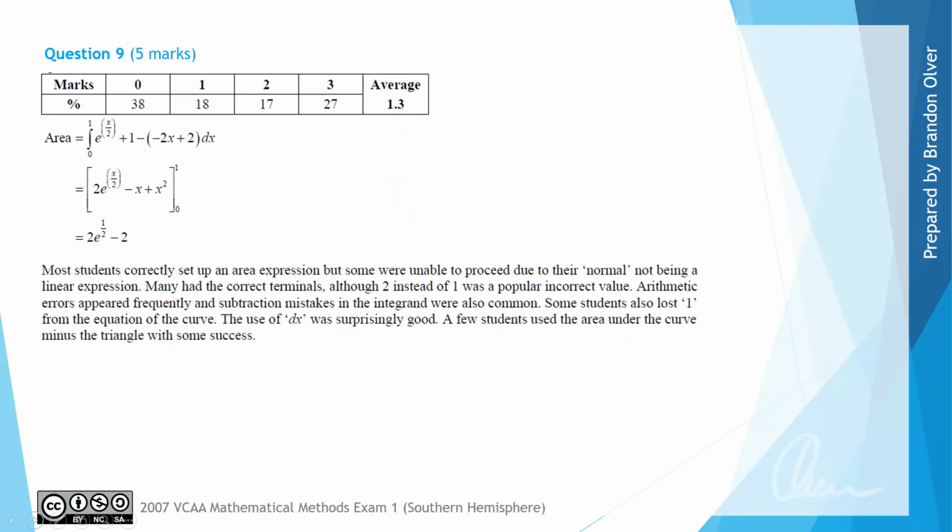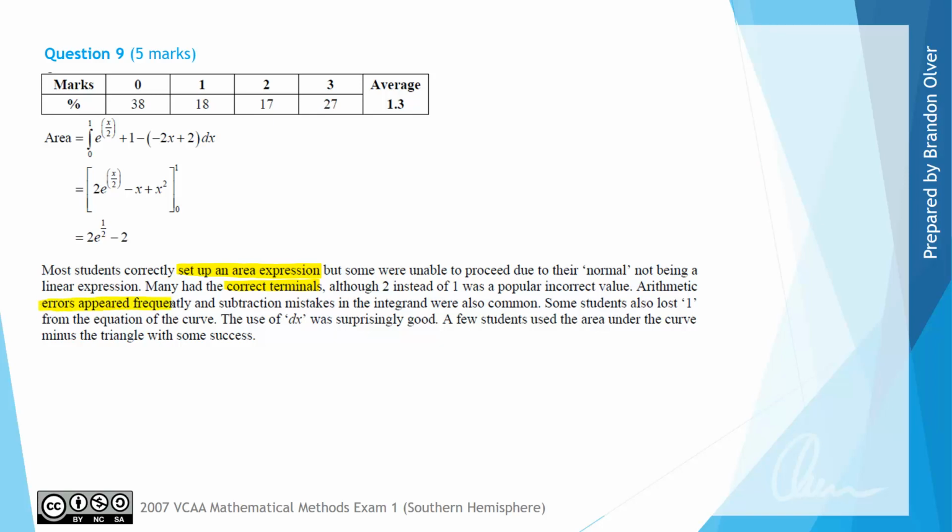We can see that approximately a quarter of students got this fully correct, and the examiner said that most students could correctly set up an area expression, but some were unable to proceed because their normal was not a linear expression. Many had the correct terminals, although 2 instead of 1 was a popular incorrect value for the upper terminal.